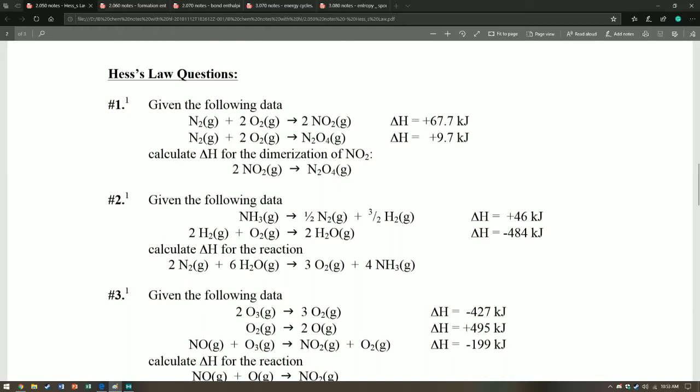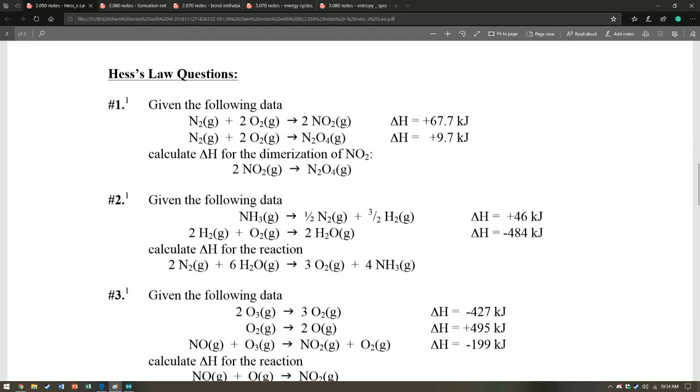We get 2NO2 gets us N2 plus 2O2. And then we did N2 plus 2O2 gets us N2O4. Let's add those up together and see what kind of net reaction we get.